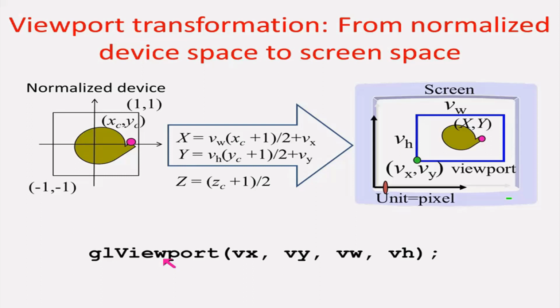OpenGL transforms the third coordinate as z is equal to (z plus 1) divided by 2, so the -1, 1 interval is also mapped to 0, 1 in the third coordinate. The viewport lower left corner, width and height are specified by the glViewport function in OpenGL.